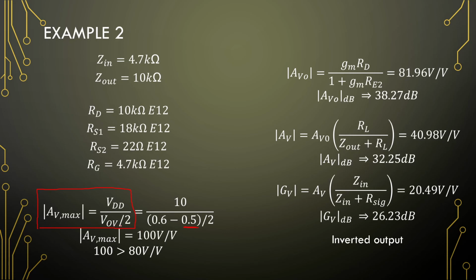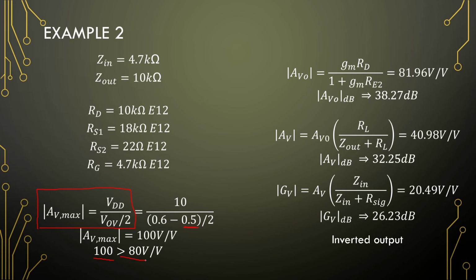But the overdrive voltage divided by 2 gives us 100 volts per volt. Okay, so we could have seen this before we started designing in the first place, but now we're just using it as checks.